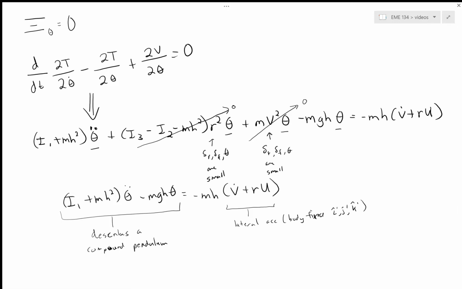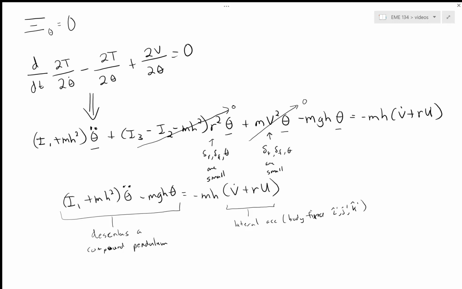So we have a force on the right hand side that's equivalently a torque in this case. h times the acceleration times m gives us a torque, but it comes from whatever lateral acceleration you have at this point P that's in the ground plane, and that will generate a torque that then will cause the left hand side to do some kind of motion with respect to the roll angle.